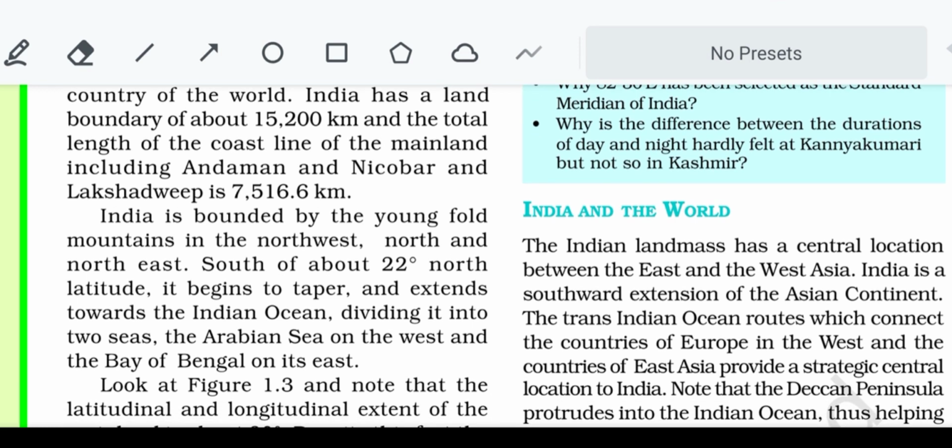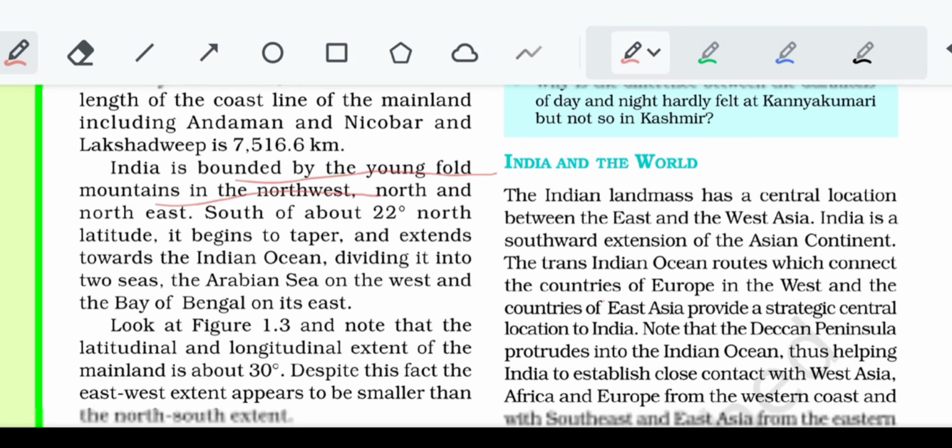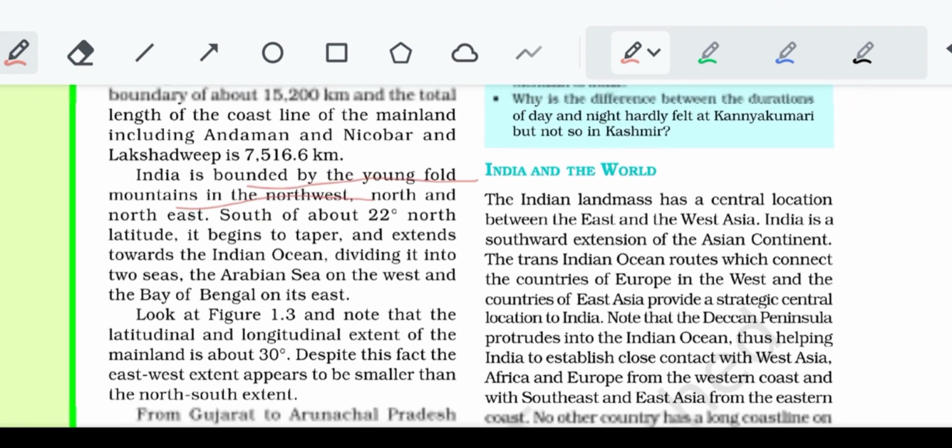India is bounded by the Young Fold Mountains in the northwest. The word Young Fold Mountains refers here to the Himalayas. Himalaya is the new Young Fold Mountain. South of about 22 degree north latitude, it begins to taper and extends towards the Indian Ocean.